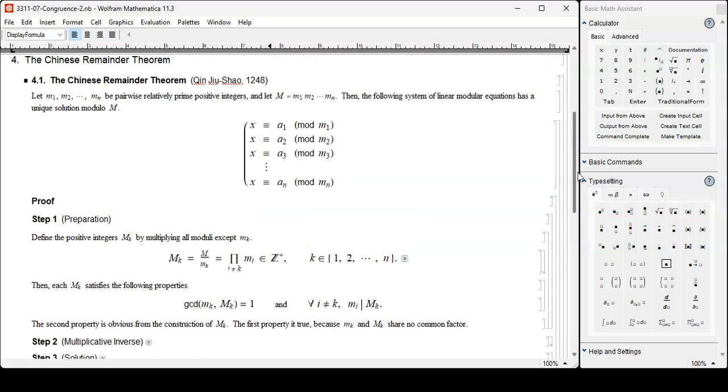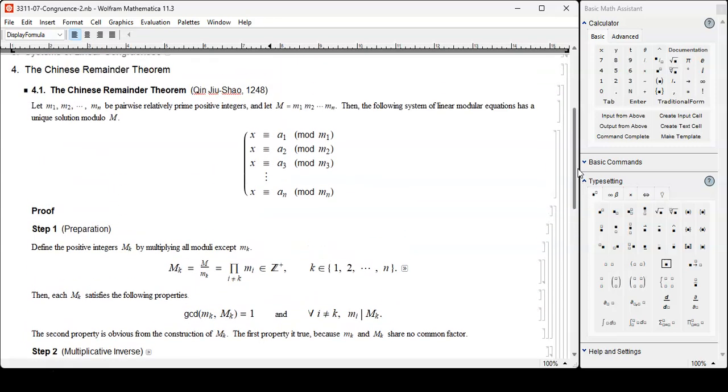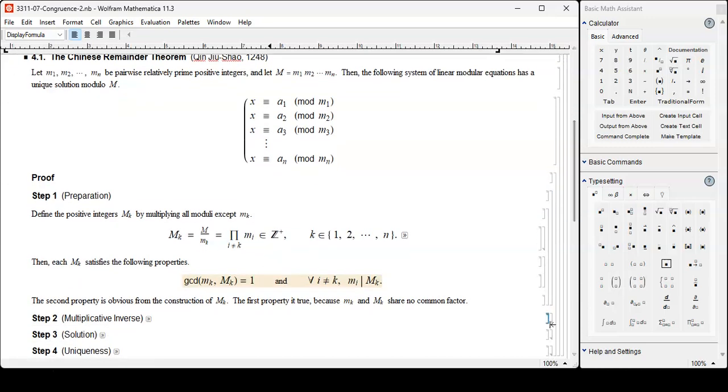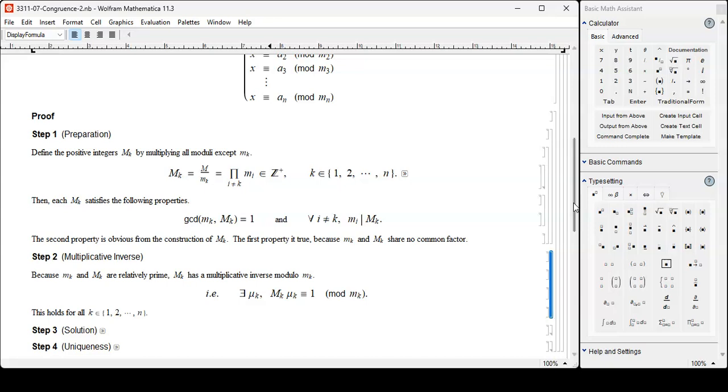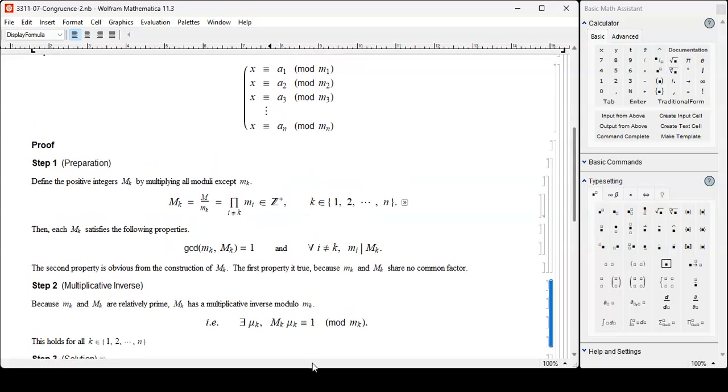So thanks to this pairwise relatively prime condition, capital Mk is relatively prime to small mk, so it has a multiplicative inverse modulo small mk. We're going to call it mu k. So capital Mk times mu k is 1. Okay, we are ready.